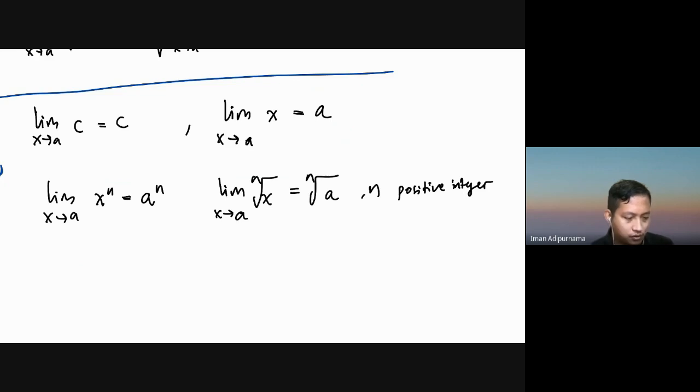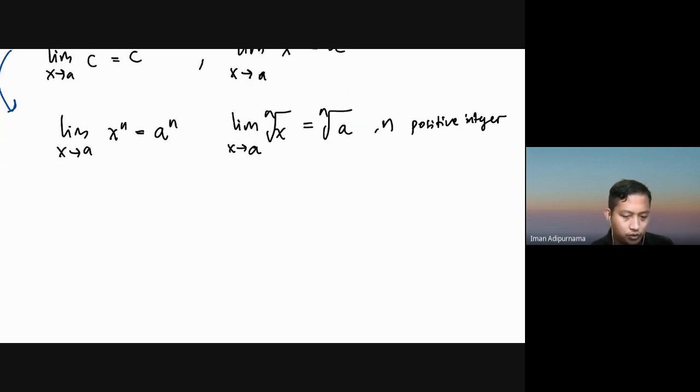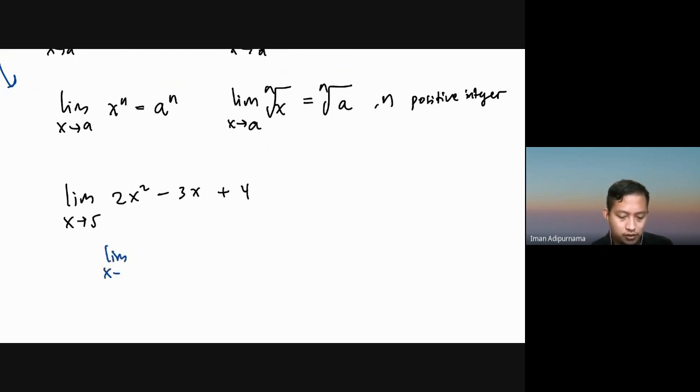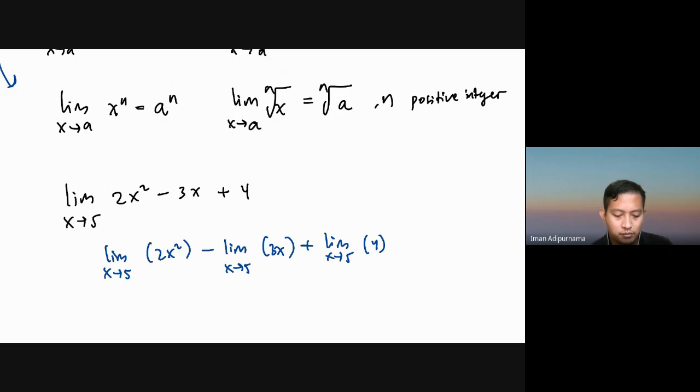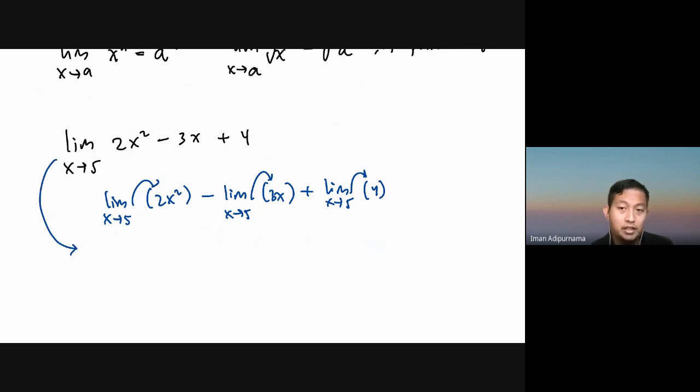From here, let's say the limit as x approaches 5. If you look here and we try to apply our limit laws, we can write this, and from here we can calculate all of this, and simply we can evaluate the limit by direct substitution, right?